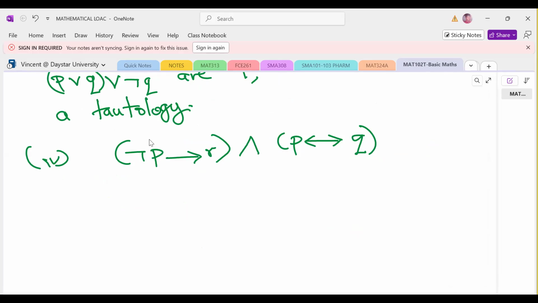Power, which is 8. So here we require 8 rows. 2 power 3, which is 8 rows.